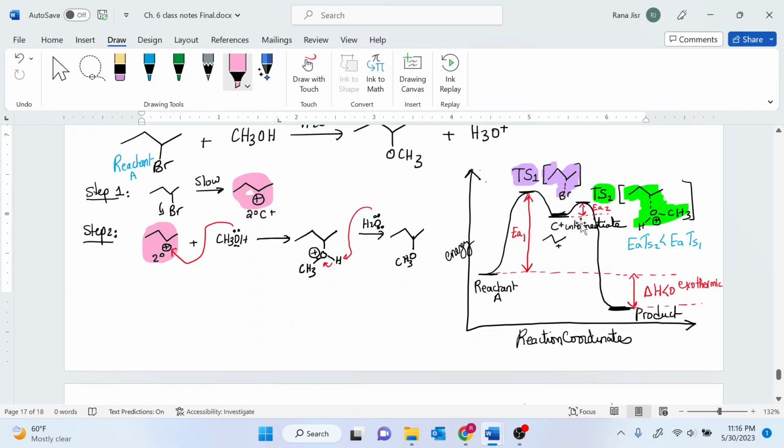Remember that energy and stability are related. So the higher the energy, the less stable the product is. The lower the energy, the more stability you have. So over here, this is going to be more stable transition 2 because it is starting to get to the product.